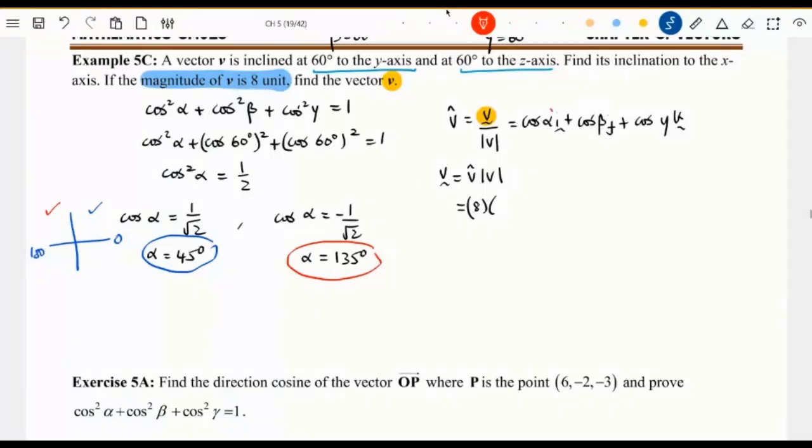So cos alpha kita ada dua nilai. Positif 1 over square root 2 ataupun negatif 1 over square root 2. Cos beta dengan cos gamma boleh cari tak? Boleh selesaikan tak yang kat sini?